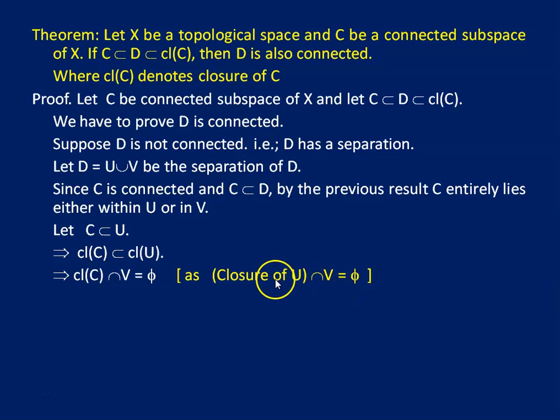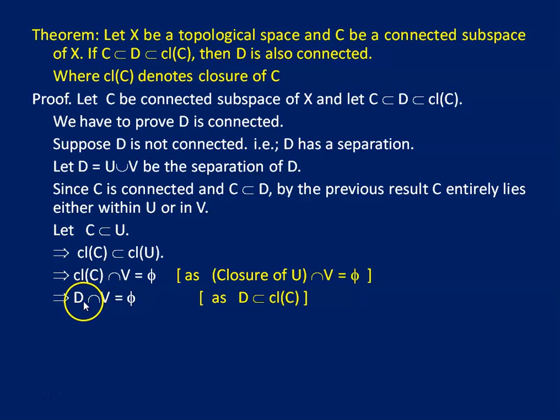We have seen this: if U and V form a separation, then U doesn't contain any limit point of V and V doesn't contain any limit point of U. So closure of U intersection V is empty. Since closure of U intersection V is empty and closure of C is a subset of closure of U, closure of C intersection V is also empty.